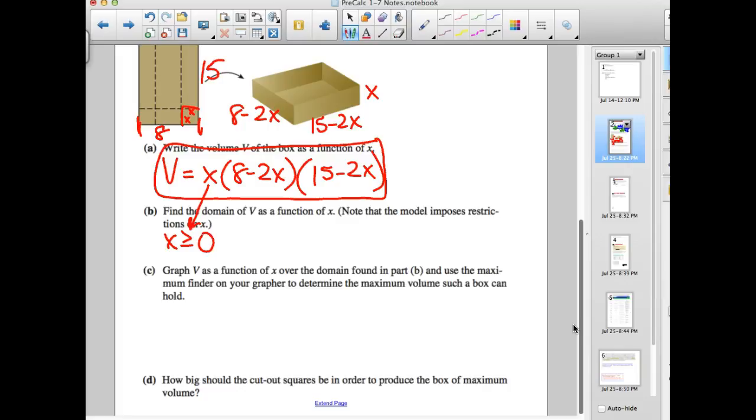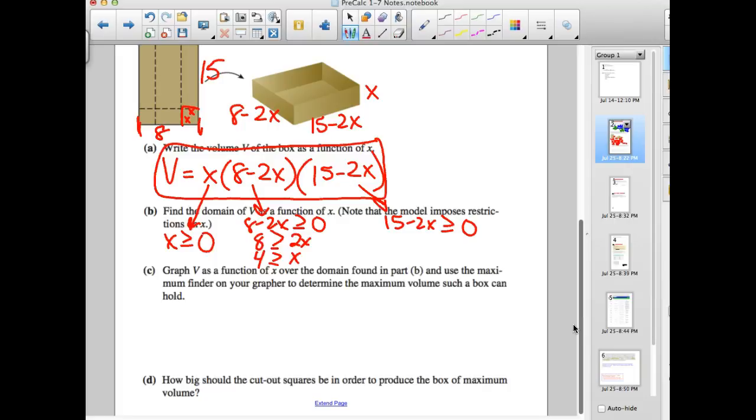But that's true for all the sides, right? They can't be negative. So that means that 8 minus 2x also can't be negative, and 15 minus 2x can't be negative. So solving those two inequalities, we're going to add the 2x over, divide by 2.